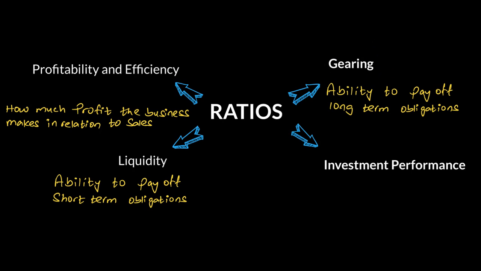Now, for investment performance, investment will be from the point of view of equity shareholders. So when we talk about investment performance, these ratios will focus for an equity shareholder to indicate how well the business is doing in relation to shares. When a shareholder buys the share from the market, that's the investment we are referring to.